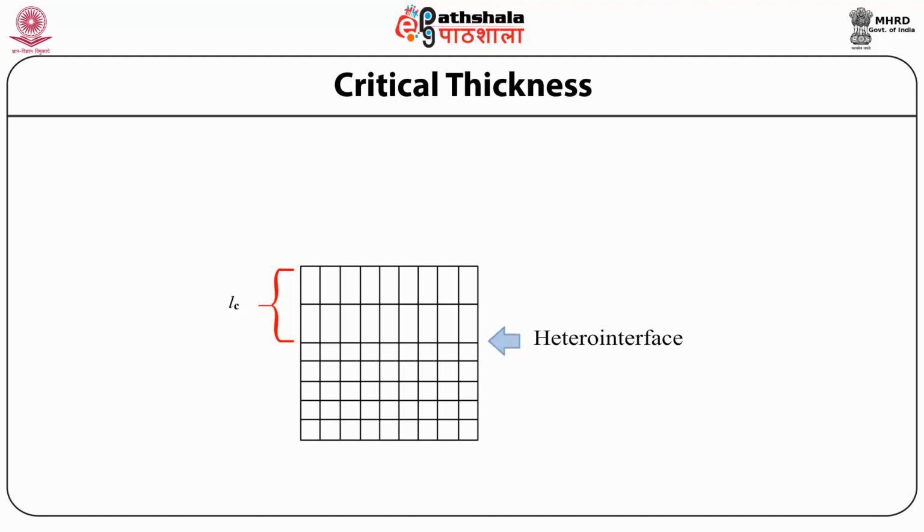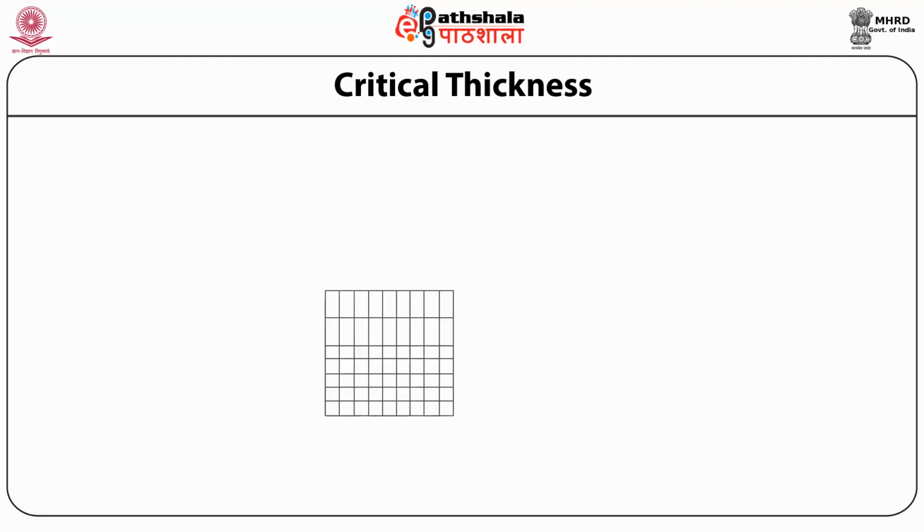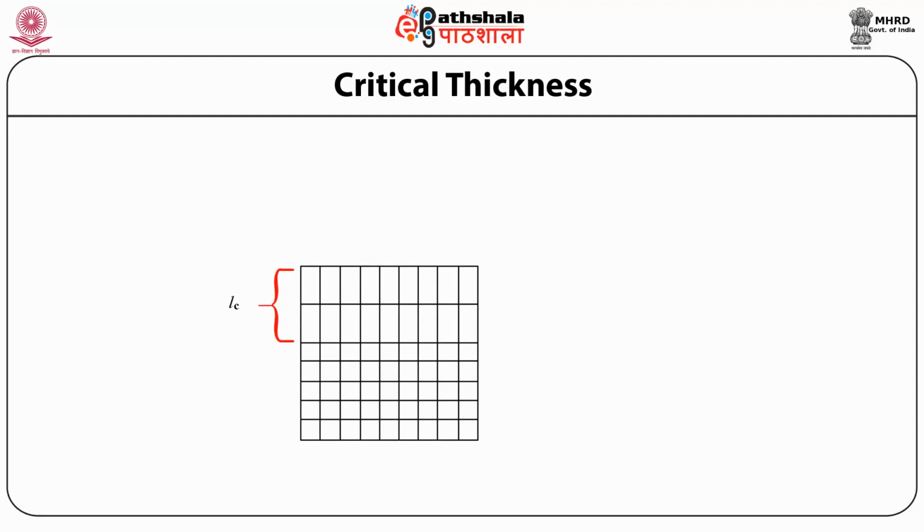When the top epitaxial layer adopts the lattice constant of the bottom layer, it becomes strained. That is, it is either compressed or expanded from its usual lattice structure in bulk.